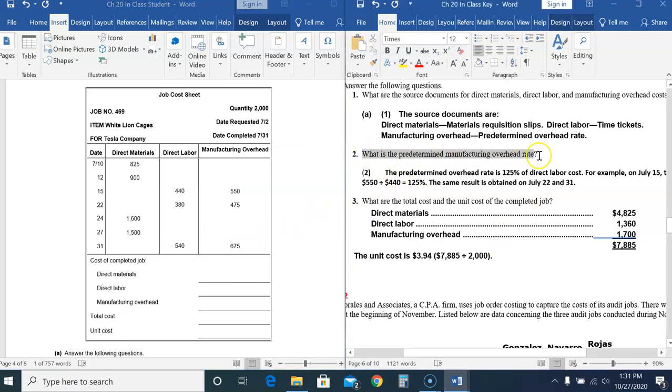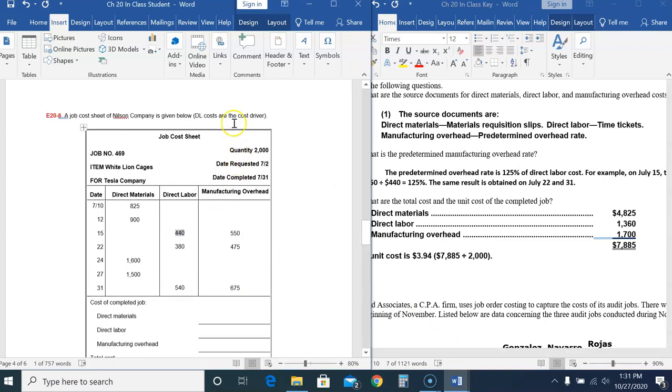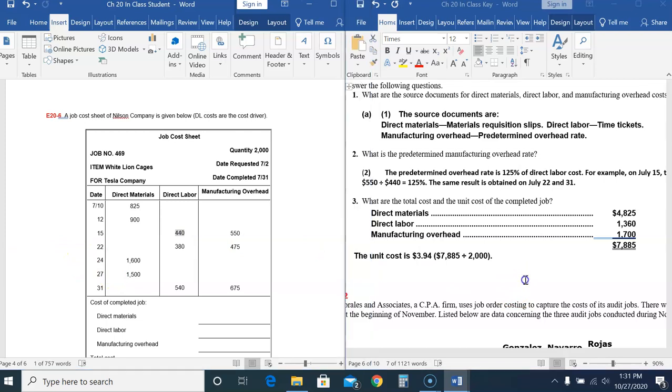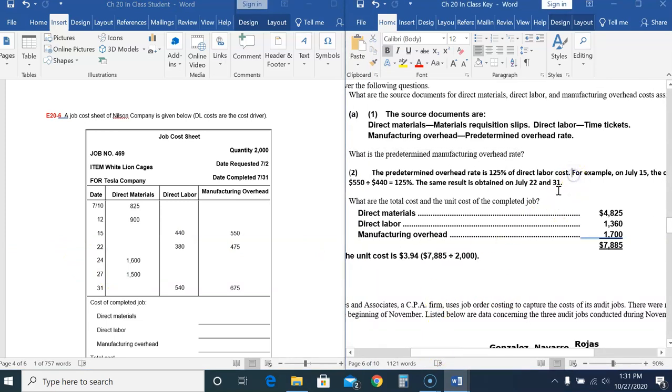So we can figure out what the predetermined overhead rate must have been by doing this a little backwards. Instead of multiplying the predetermined overhead rate by direct labor cost to get the estimated overhead applied, we're going to work backwards because they gave us the applied overhead and the amount of the actual cost driver.